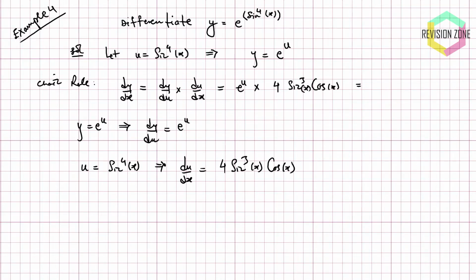So all I have to do is replace this u with the definition of u that we made earlier, right? So that tells me that dy by dx is actually equal to, just to tidy this up, 4 cos x sine cubed x and then e to the power of sine to the 4x. Okay, so we've managed to work out the derivative of this nasty looking function.